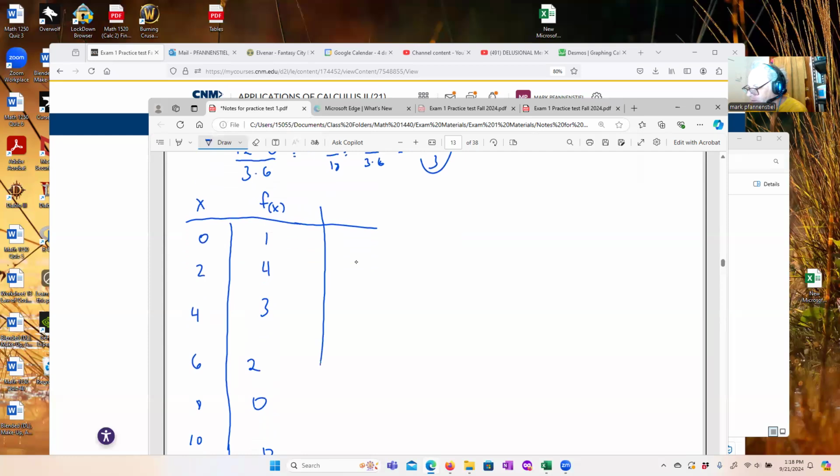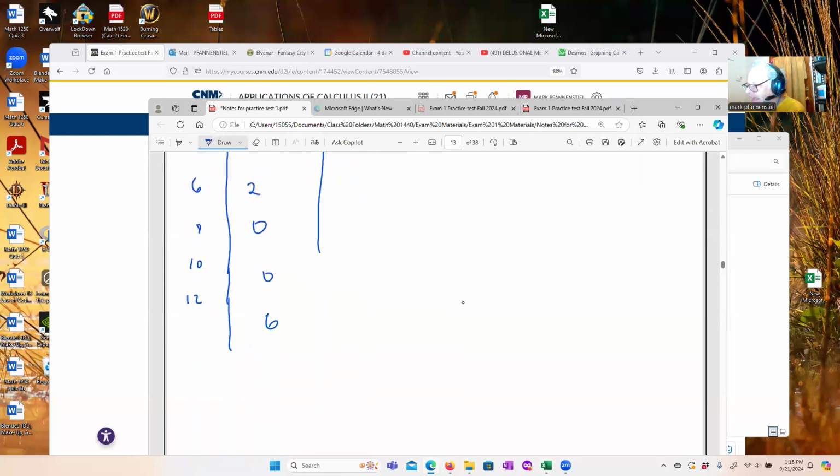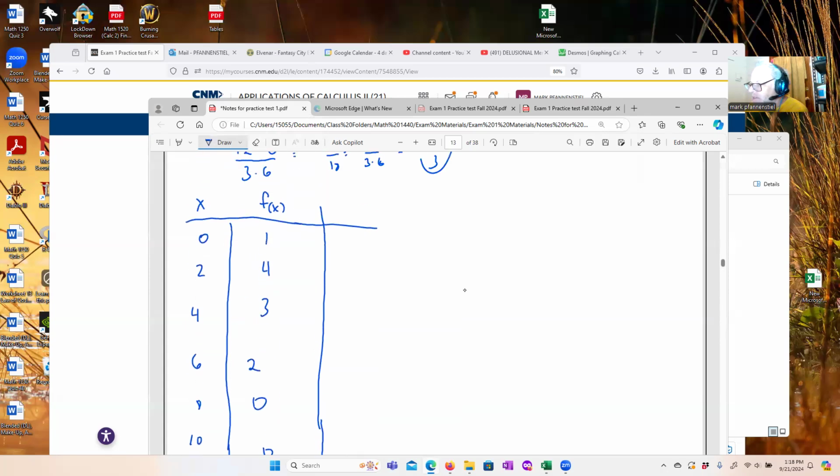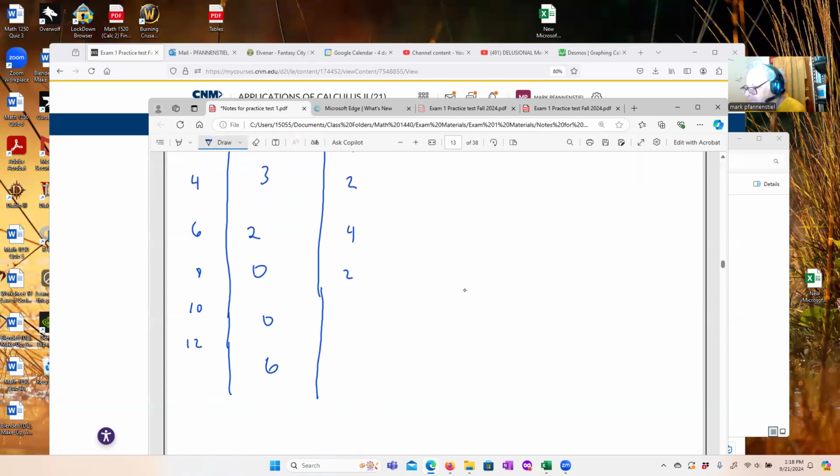Let's make the next column. Simpson's rule has these weights: 1, then 4, 2, 4, 2, 4, 1.